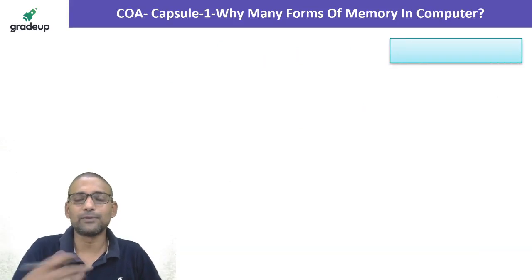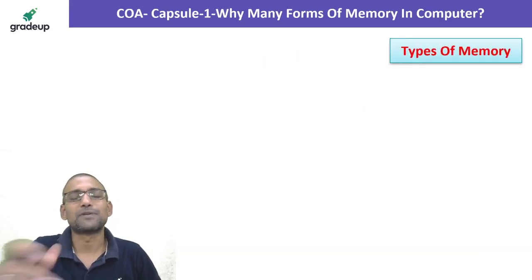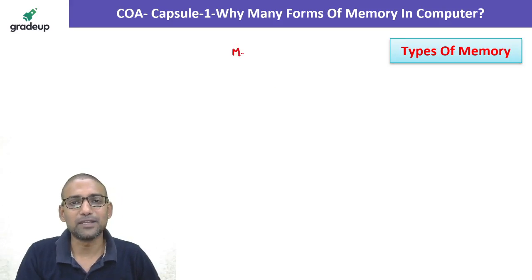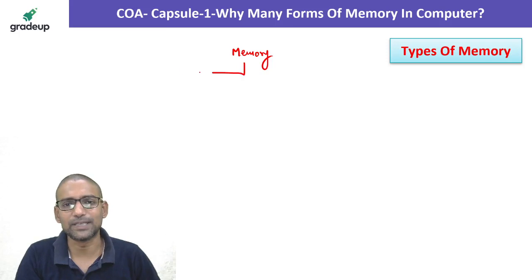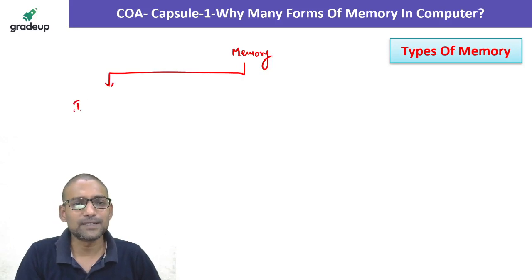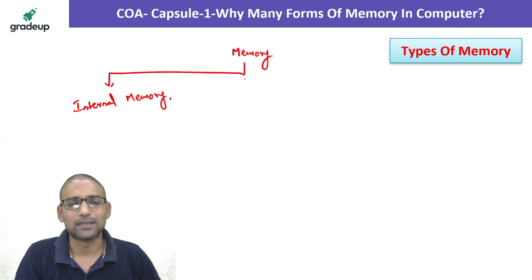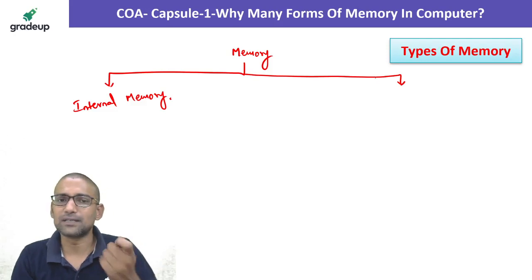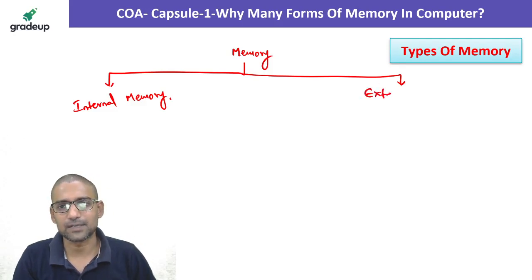Now whenever you talk about different types of memory, we will be wondered looking at many forms of memory. What are different forms of memory? Quickly, you might have heard different classifications, but I can say the grand classification for memory is this: internal memory, external memory.